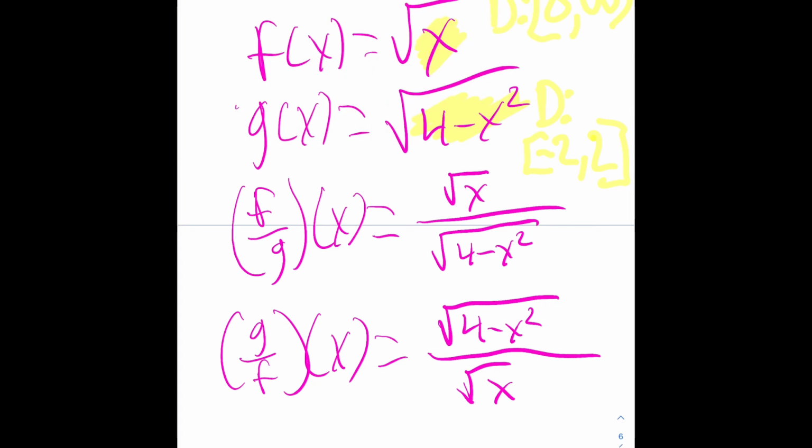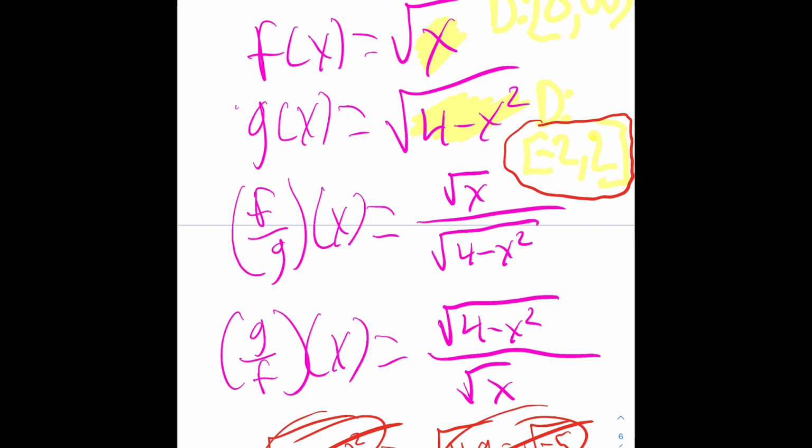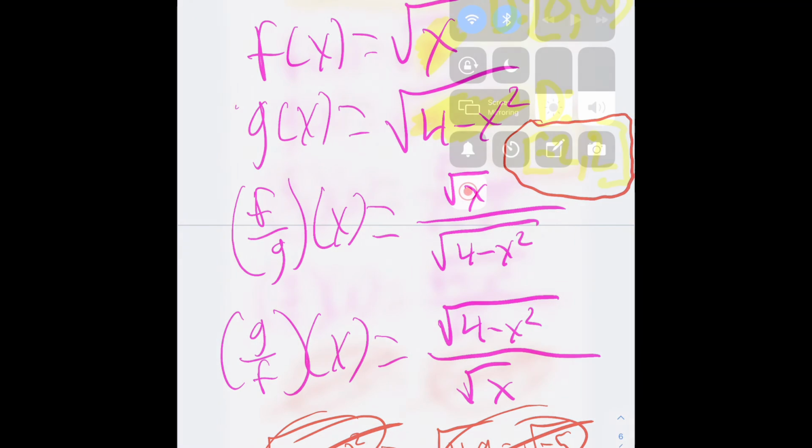If I plugged in a 3, let's hypothetically say, 4 minus 3 squared, 4 minus 9. Uh-oh, I'm starting to get that negative number again. So that's why any number that is between negative 2 and 2, and it can equal 2, that's totally okay, is going to work.